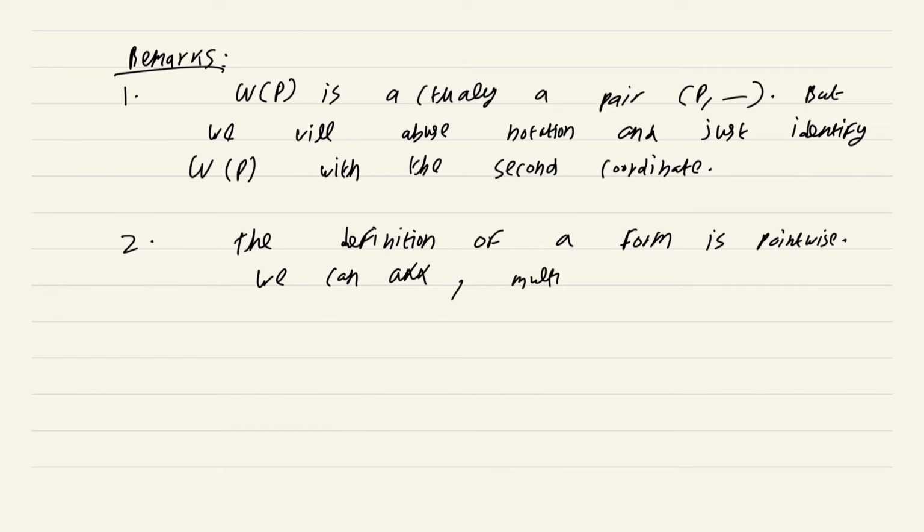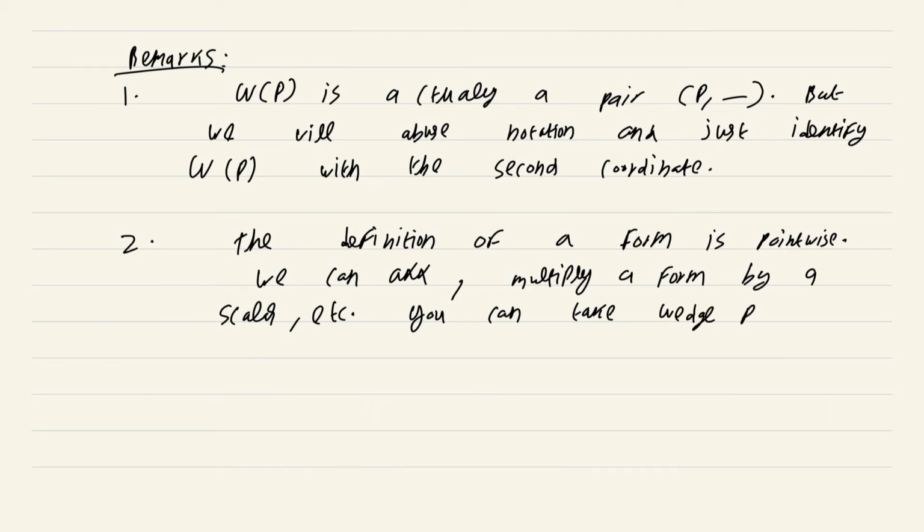In fact, you must have checked all this when you checked that the space of k-forms Ω^k(M) is actually a vector space. Multiply a form by a scalar, etc. You can do these pointwise operations, but more importantly, you can take wedge product. You can take wedge product of two forms.